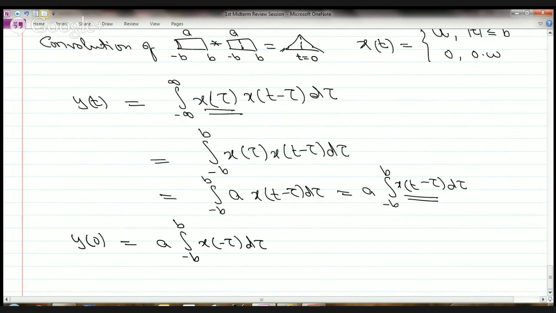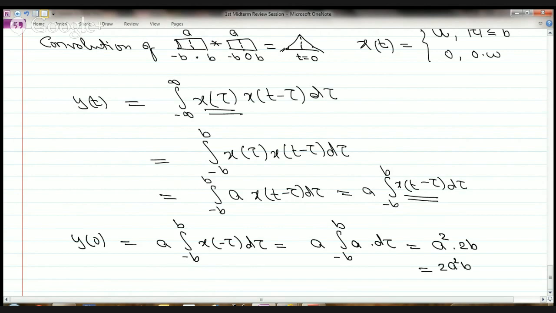Now if I flip x of tau around 0, so this is my 0, I get back the same thing. So I get a times the integral from minus b to b of a d tau. Okay. So all I get is a squared times 2b, which is 2a squared b.